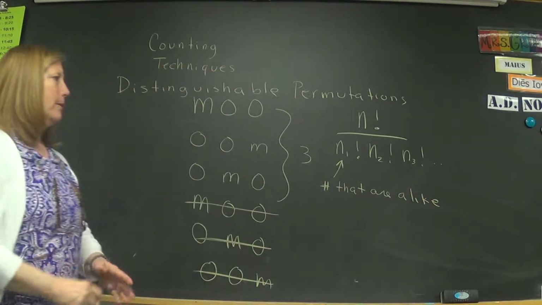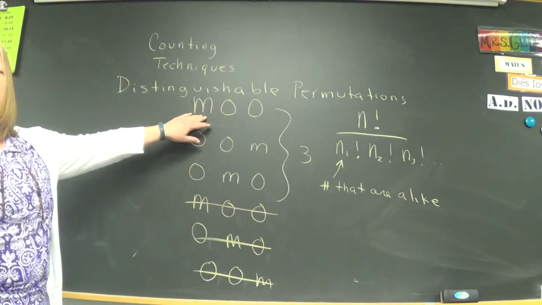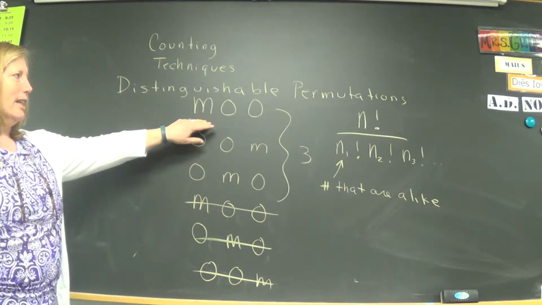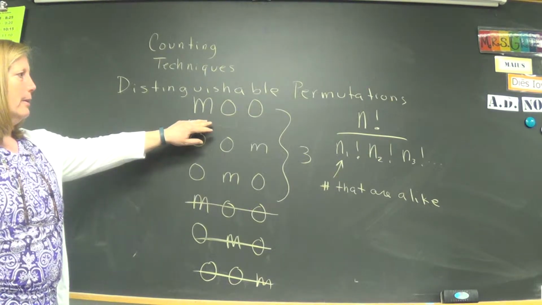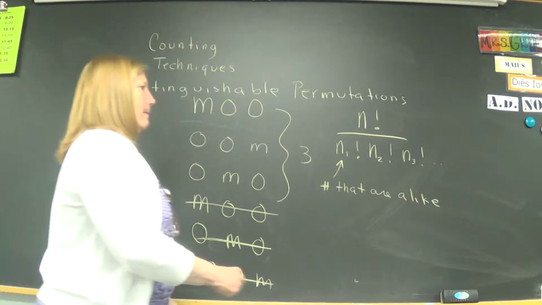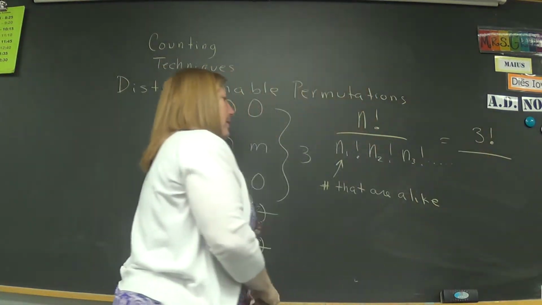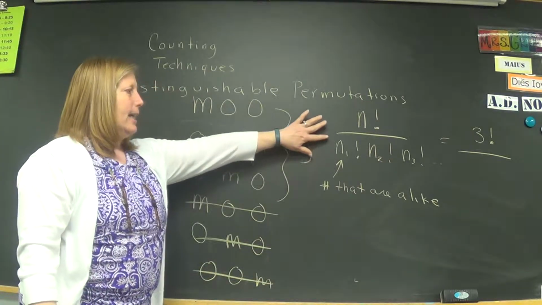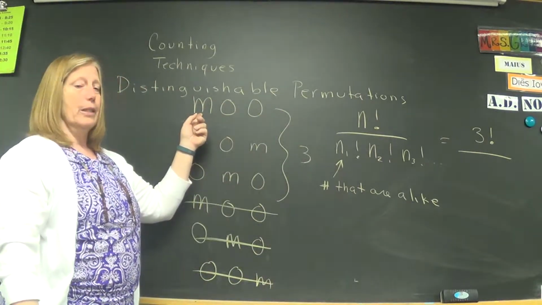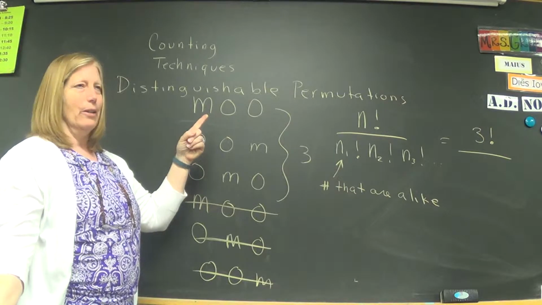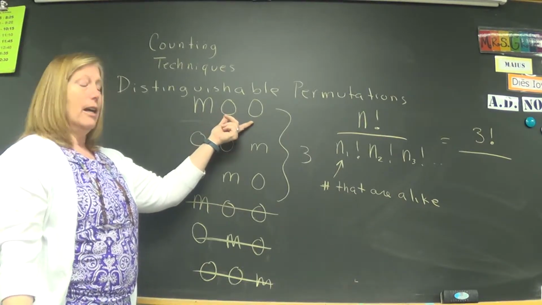So in this problem, it would go like this. That's kind of hard to explain, that formula, unless I match it to a problem or two. So our n is 3 in this problem. And our numbers that are repeated, how many m's are there? There's only 1. So 1 factorial, I don't count the ones. But how many o's are there?